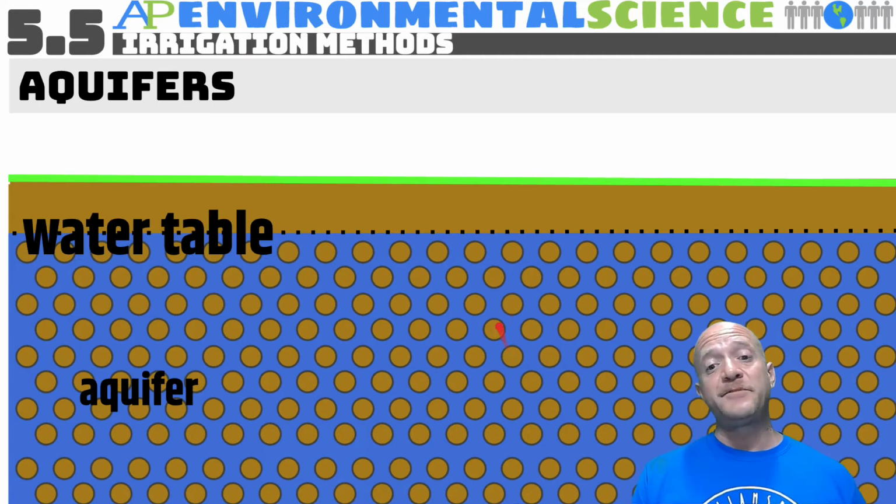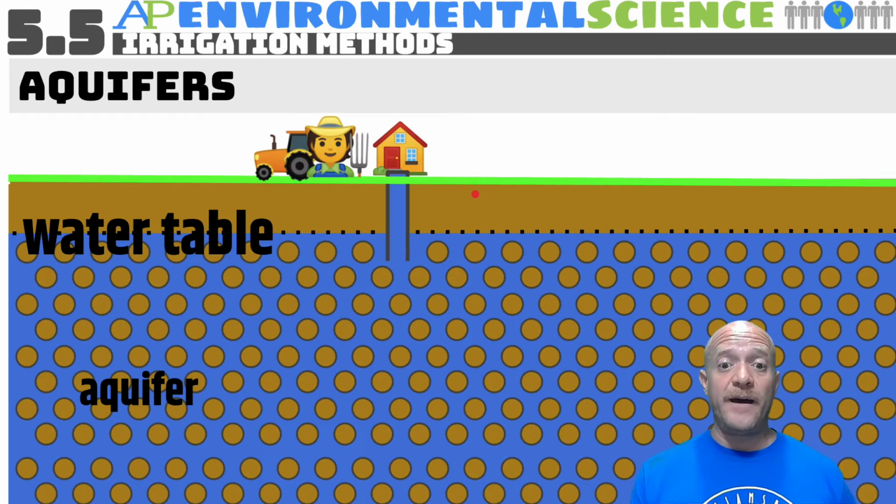If it is an exceptionally rainy summer, the water table may rise close to or near the surface of the earth. Now, if a farmer wanted to access some of this water, all they would need to do is dig a well and pump the water up. So this is aquifer, just basic information.